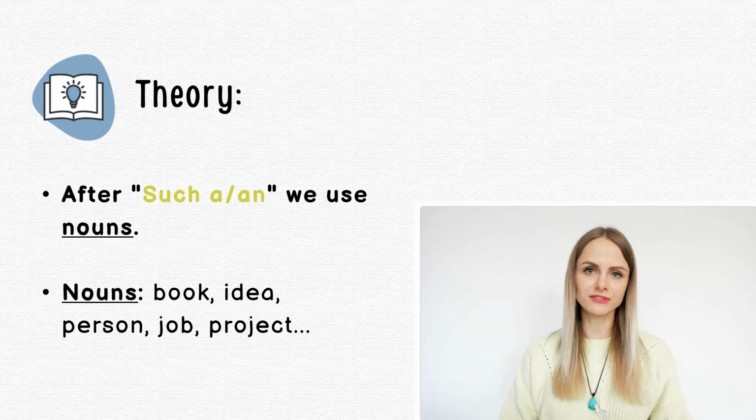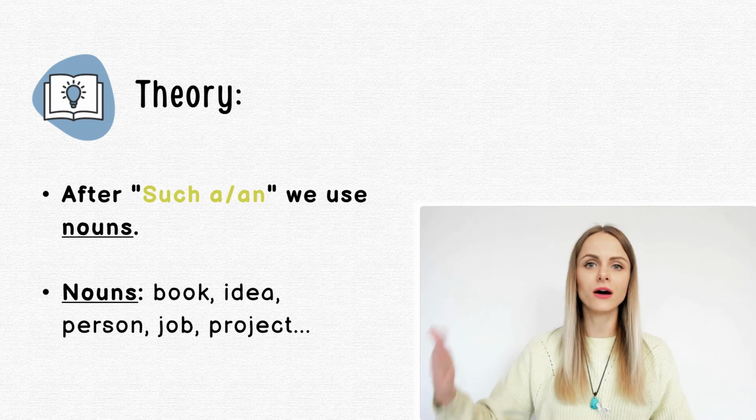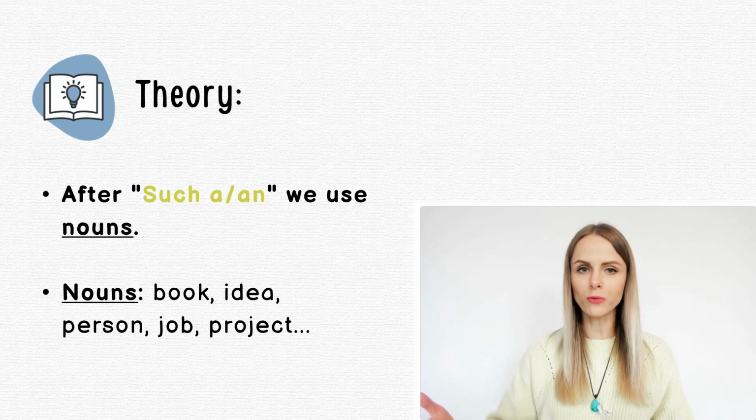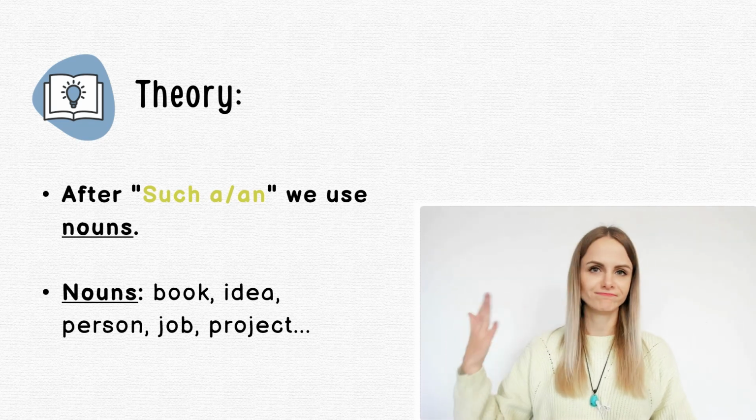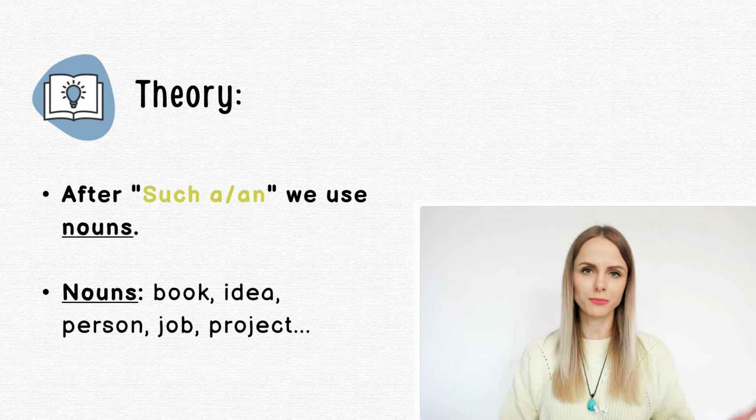"An" is used with a word which starts with a vowel, so an article, an object, an idea. And "a" is used with words which start with consonants, so a book, a project, a person.